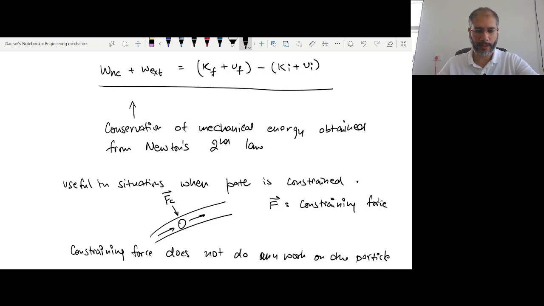Right, so let's jump into solving some problems to understand how to apply this theorem.